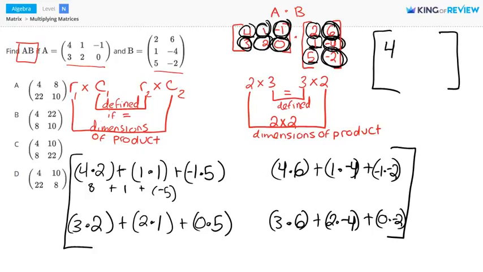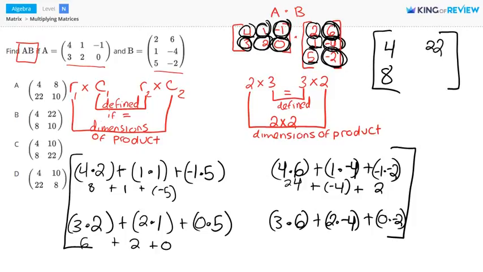For this entry, 3 times 2 is 6, plus 2 times 1, which is 2, plus 0 times 5, which is 0. 6 plus 2 plus 0 gives us 8. 4 times 6 here is 24, plus 1 times negative 4 is negative 4, plus negative 1 times negative 2 gives us 2. 24 plus a negative 4 plus 2 gives us 22.